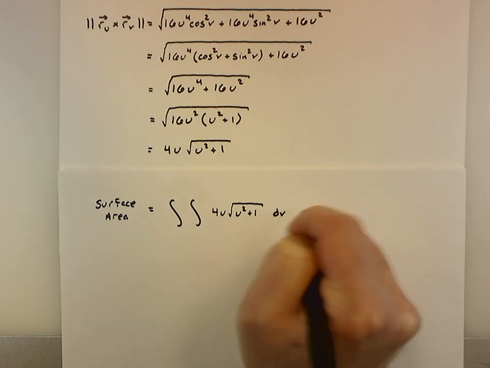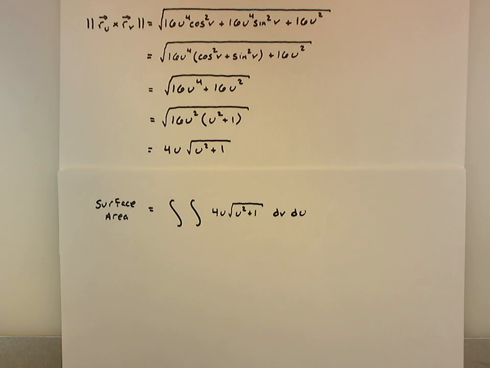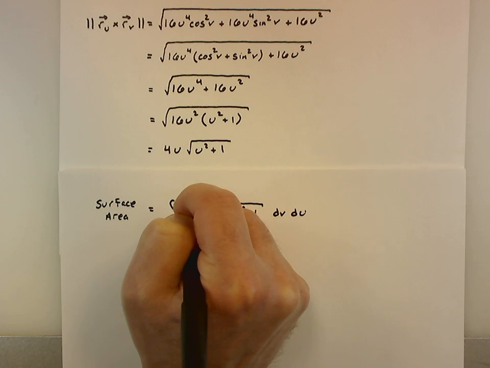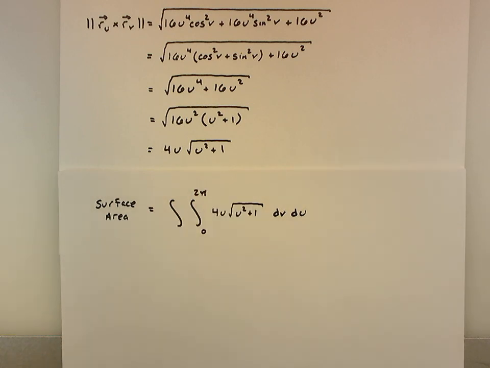We'll integrate with respect to v first, and then with respect to u. V goes from 0 to 2 pi, and then u goes from 0 to 2.